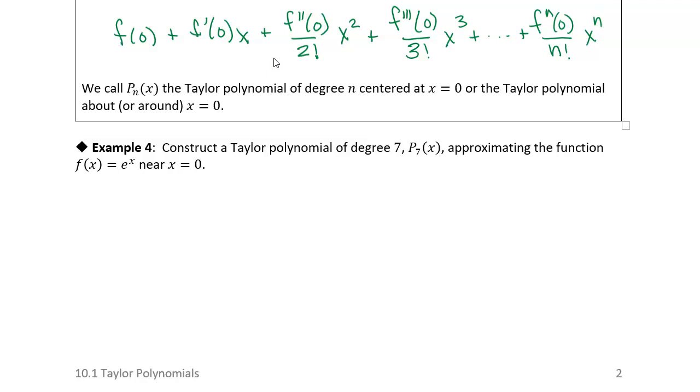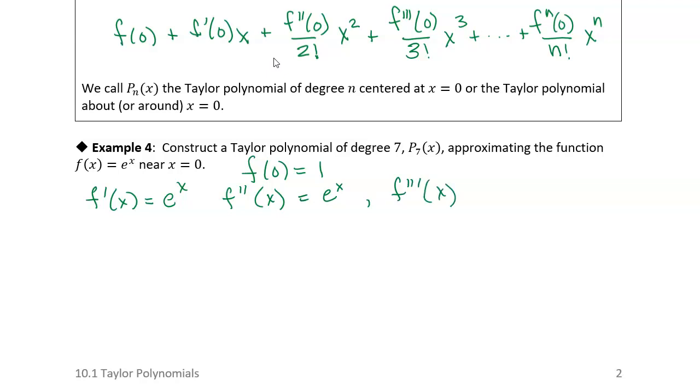So we can find easily that f of 0 is equal to 1. And f prime of x, we already saw, is e to the x. The second derivative of e to the x is e to the x. And the third derivative of e to the x is e to the x. And that just keeps repeating.